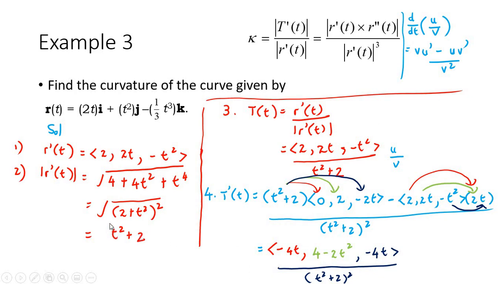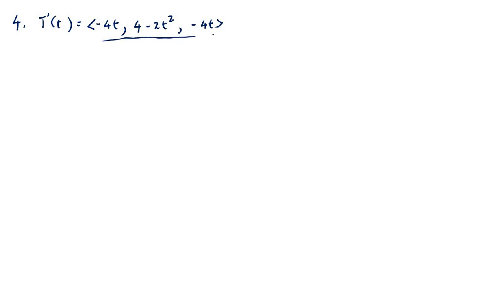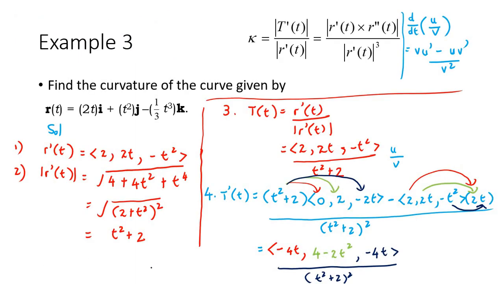That will be the number 4, which is actually not yet the magnitude, it is T prime t, and then we need to find the magnitude of T prime t. The number 4 is actually T prime t. We have negative 4t, 4 minus 2t squared at component j, negative 4t at component k, divided by t squared plus 2 power 2.